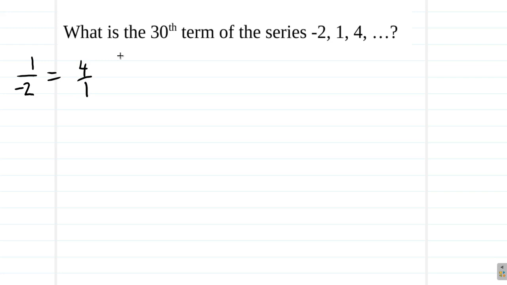And if you had a fourth term, that would be equal to the fourth term divided by the third term, and so on. Alright, is this so? Negative half is equal to 4? No. So it is not a geometric series. It must be an arithmetic series then.